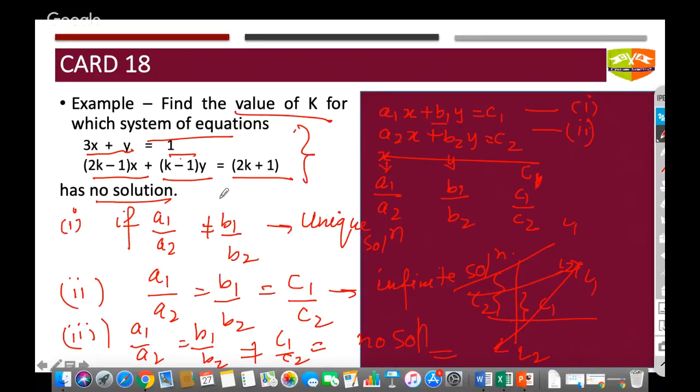So in this case, a1 by a2 should be equal to b1 by b2, that should not be equal to c1 by c2.